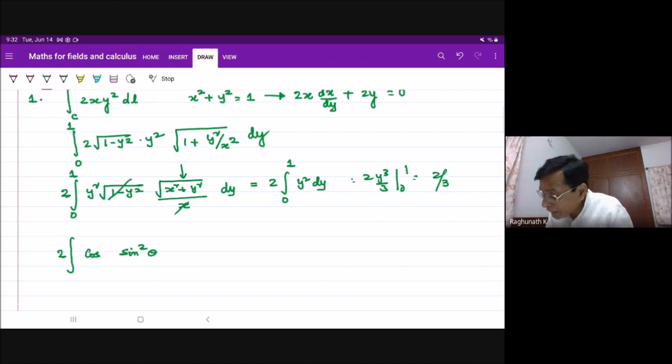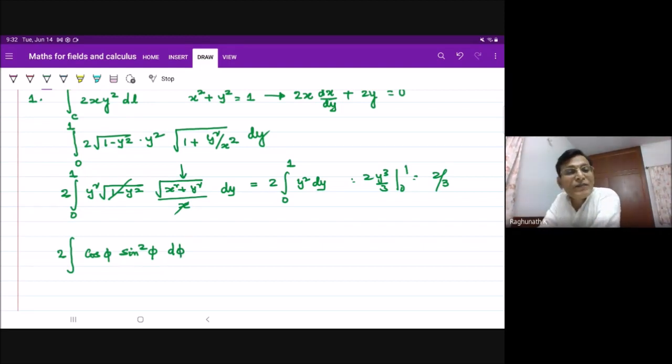Our notation was phi, maybe it can be theta also. So 2 into cos phi into sin squared phi. What is dl along the circular path? r d phi, and r is equal to 1, because of which it is d phi.